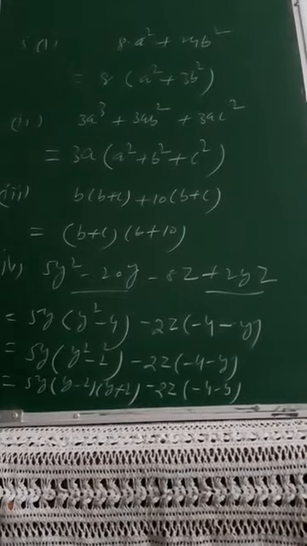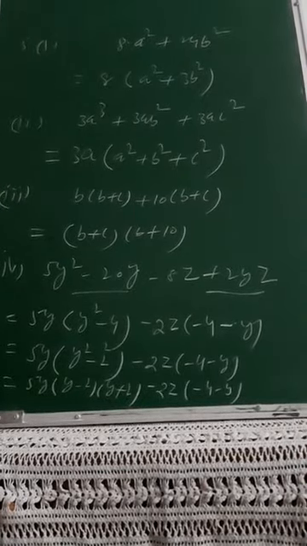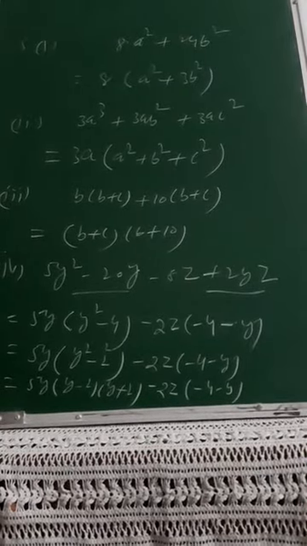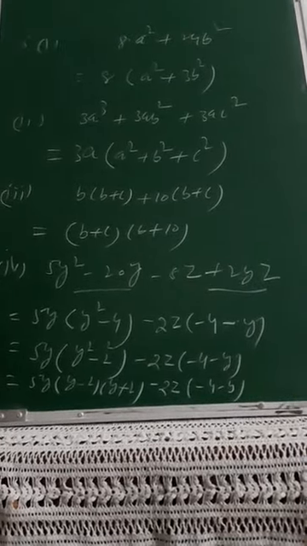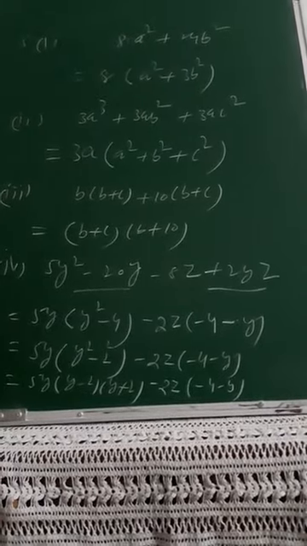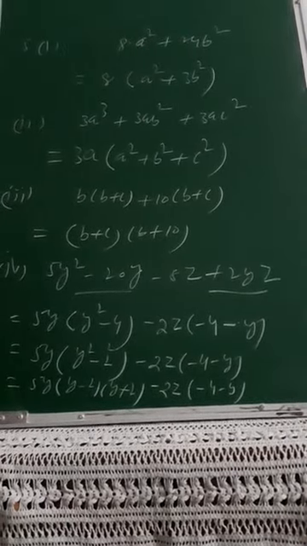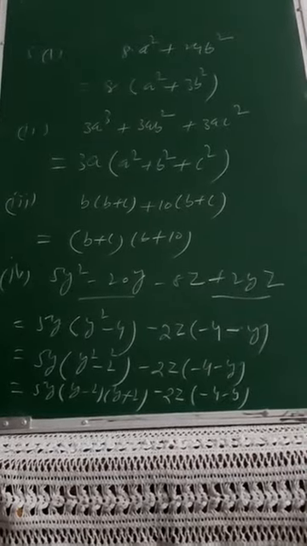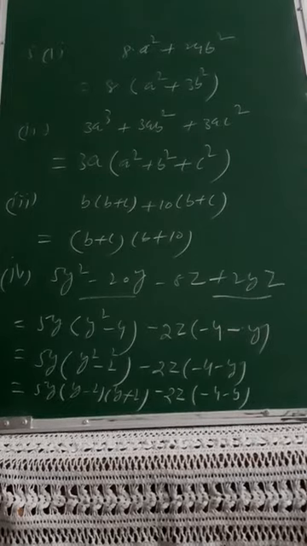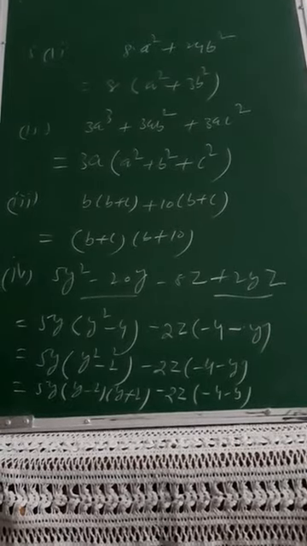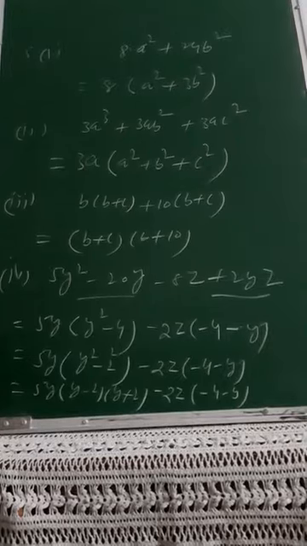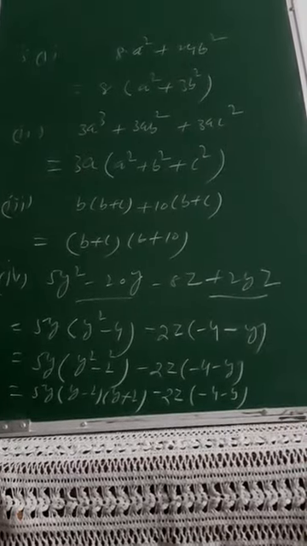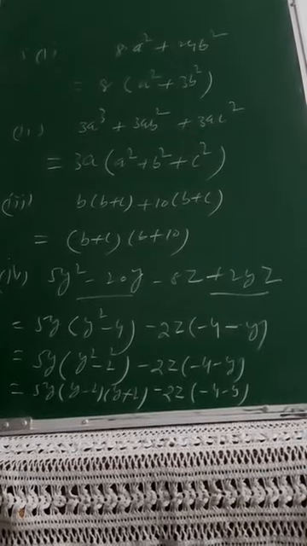So I have to keep a watch upon the identity, and wherever it is possible to go for the identity, please make a note of that, as now we are proceeding with one identity only, and that identity is what? Simply a square minus b square. So keep a watch upon that, and when it is possible, you just keep on applying that identity a square minus b square wherever it is possible, and then check your answers.